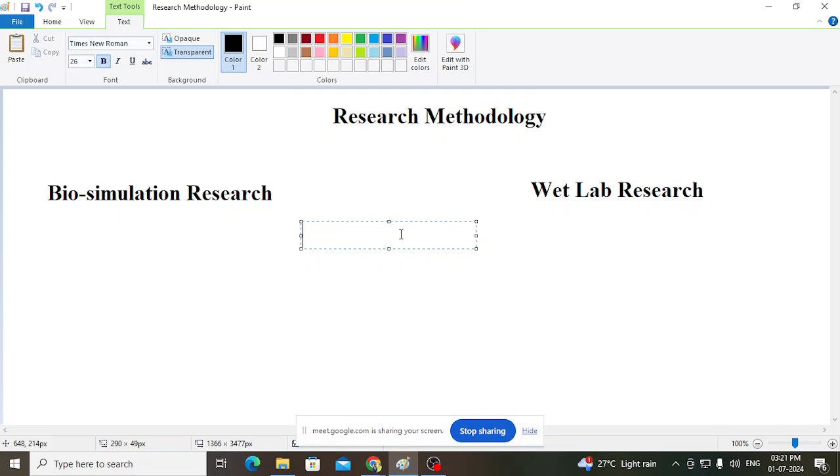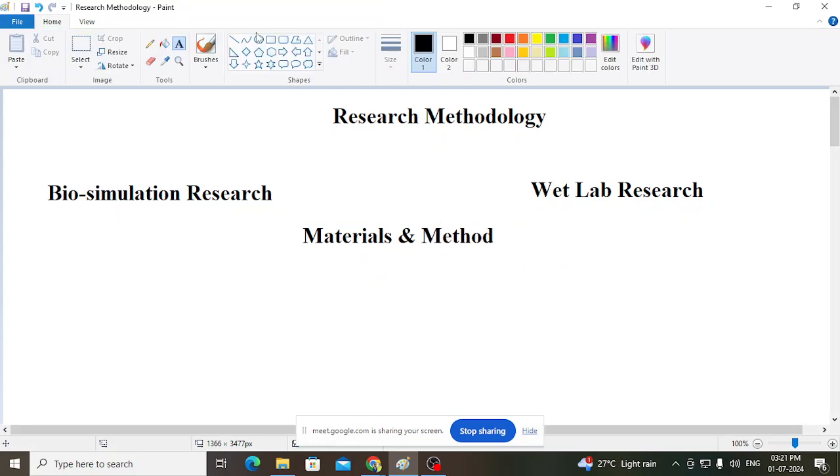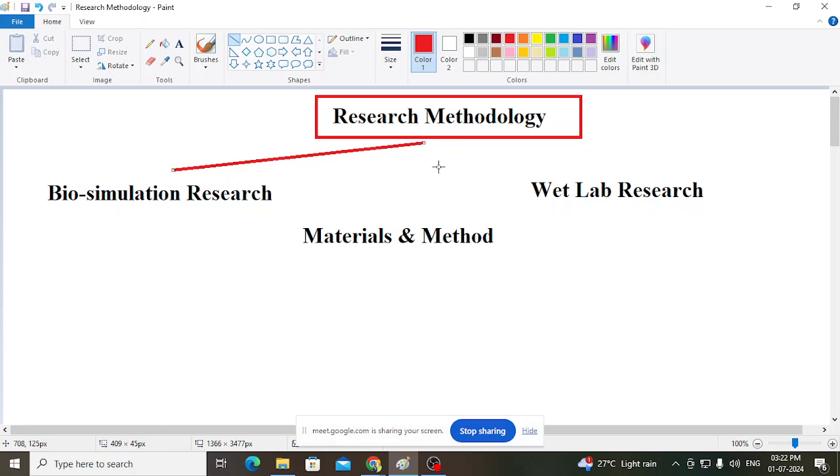Materials and methods. These are needed, materials and methods, for both types of research. We are discussing research methodology, where we will be discussing two types of research methodology.